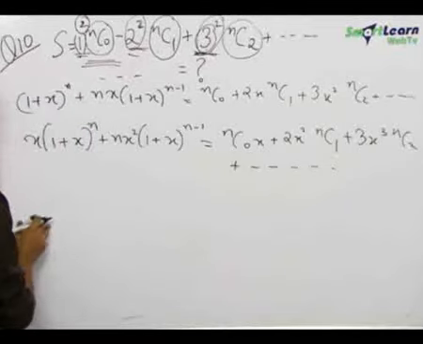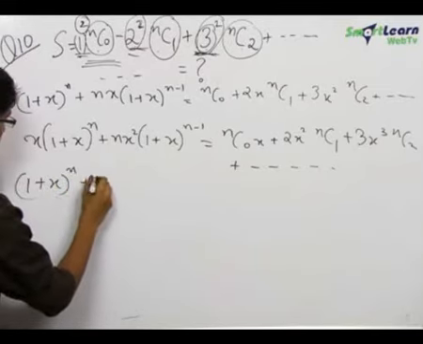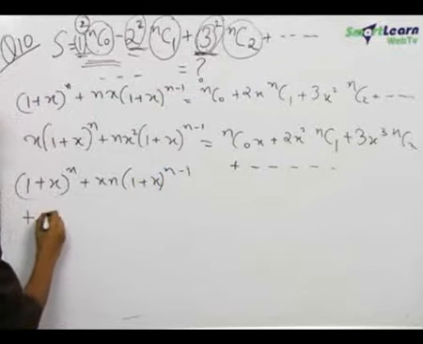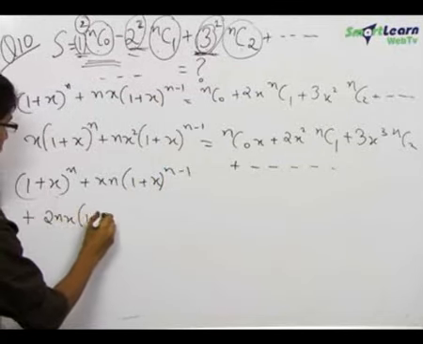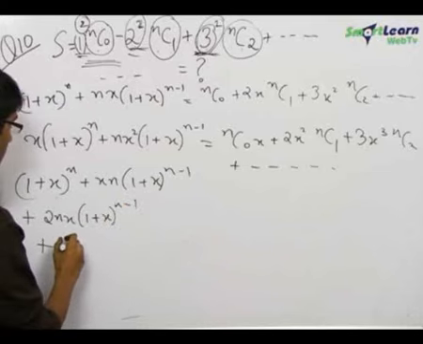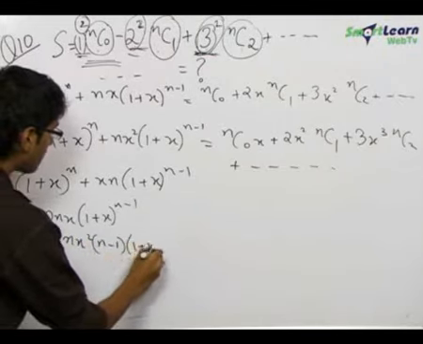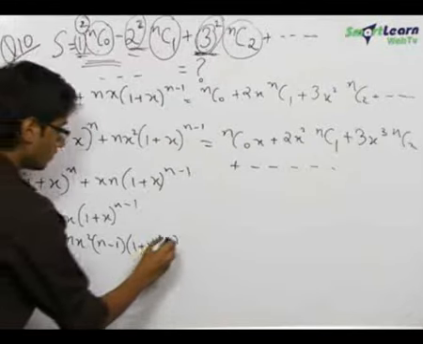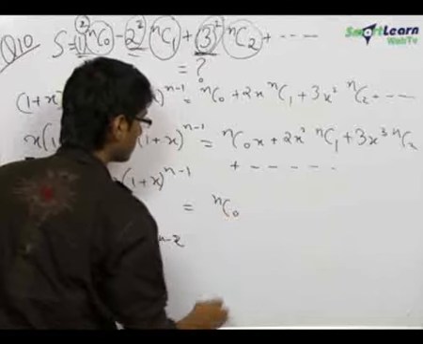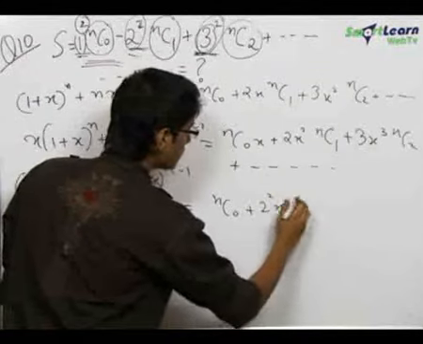Differentiating both the sides again, we get (1 + x)^n plus x into n into (1 + x)^(n-1) plus 2nx into (1 + x)^(n-1) plus nx square into (n-1) into (1 + x)^(n-2), and we get nC0 plus 2 square x nC1.